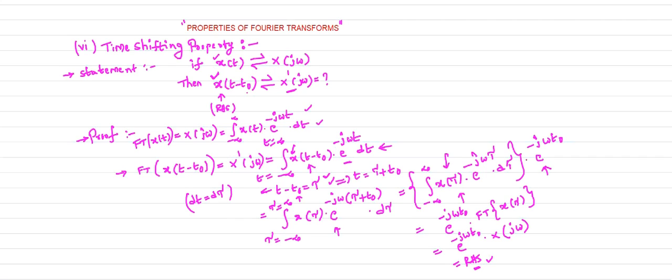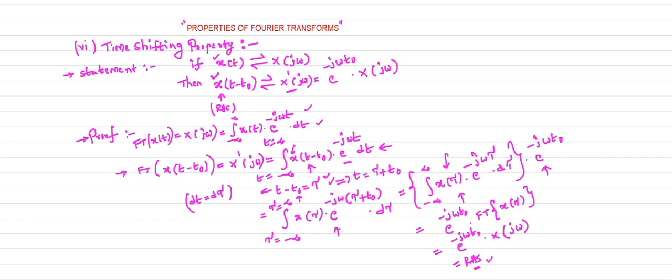Now what is the Fourier transform of x of t minus t naught, which is your x dash of j omega? So this x dash of j omega is equal to e power minus j omega t naught into capital X of j omega.